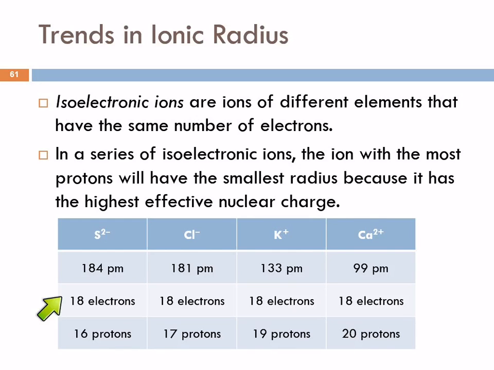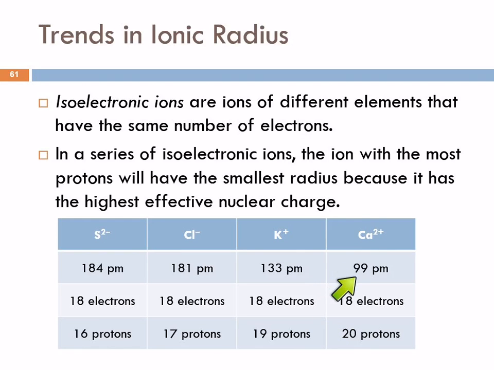They all have 18 electrons. But calcium has 20 protons, sulfur only has 16 protons. So the effective nuclear charge for sulfur is less than for calcium.